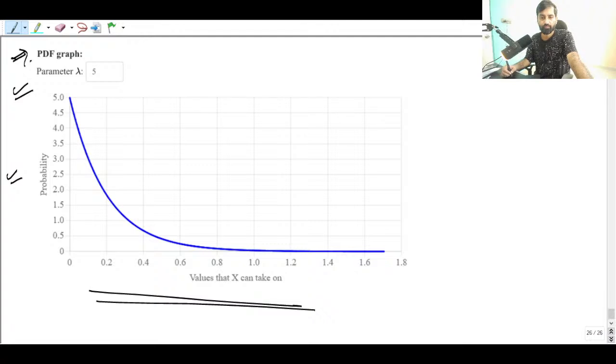This is how your exponential density function looks. The exponential density function is a great example of a continuous distribution where the cumulative distribution function is much easier to work with, and it allows you to answer probability questions without using integration. Remember this point also.